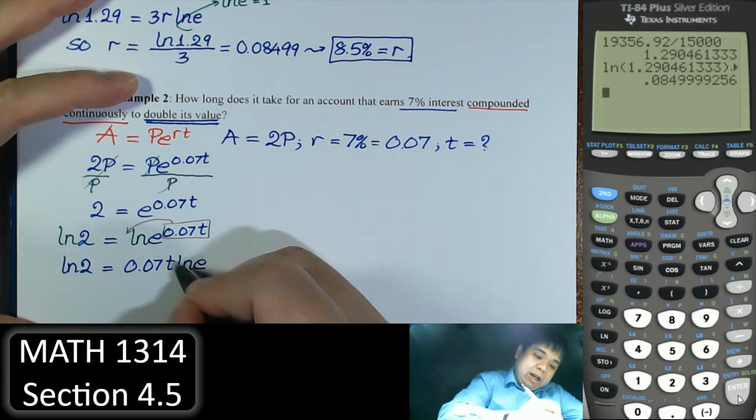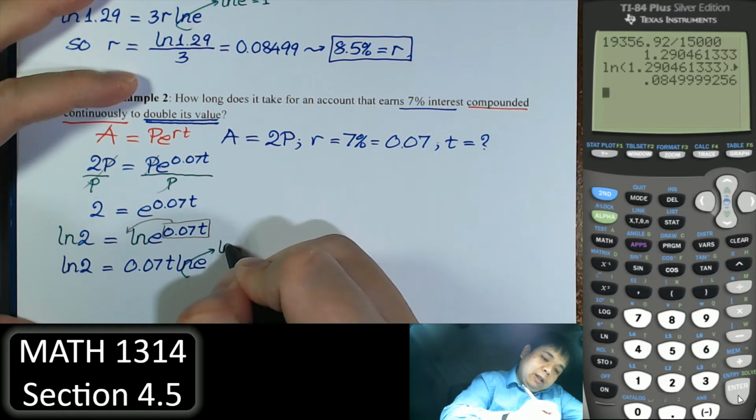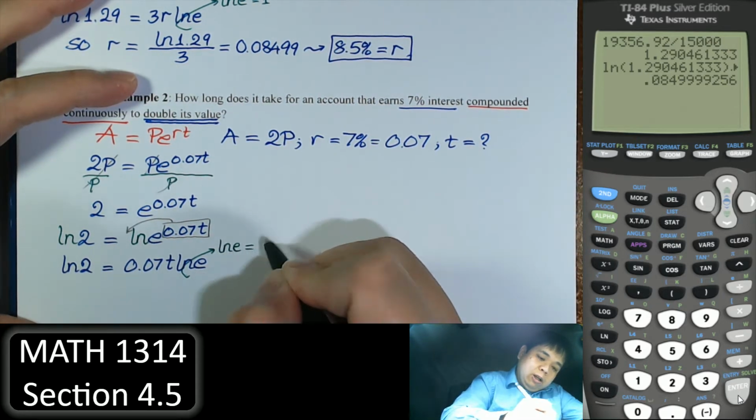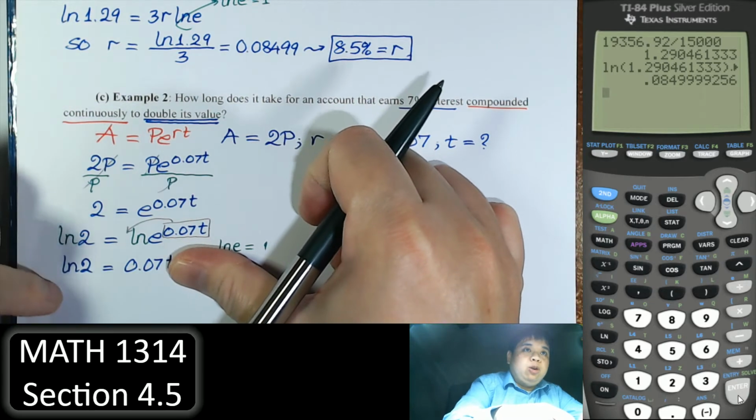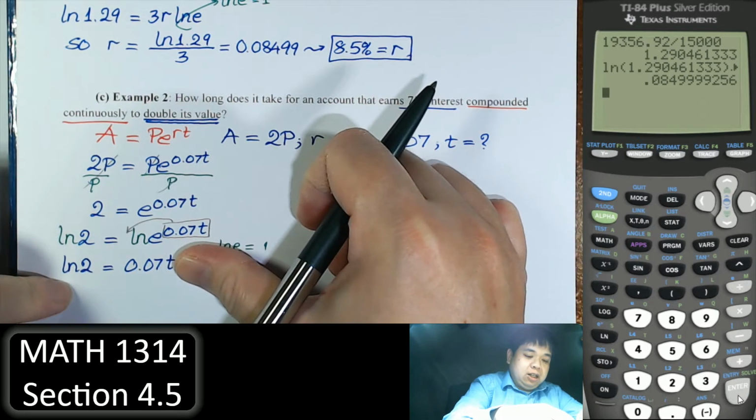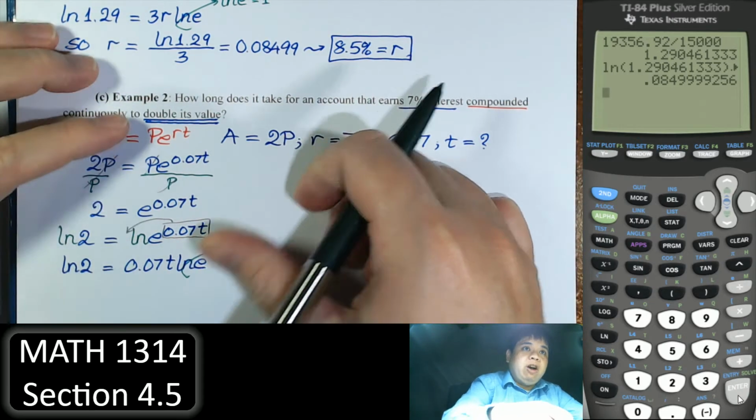And once again, ln of e is 1, so that just cancels out. We have 0.07t equal to ln of 2. So t is equal to ln of 2 divided by 0.07.